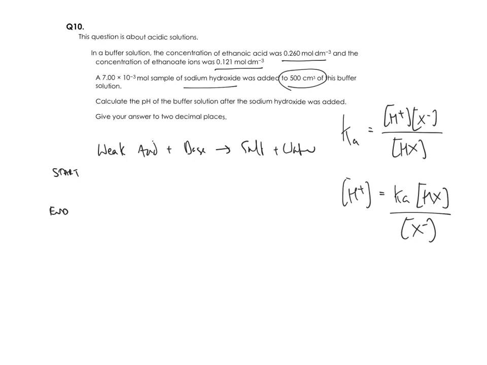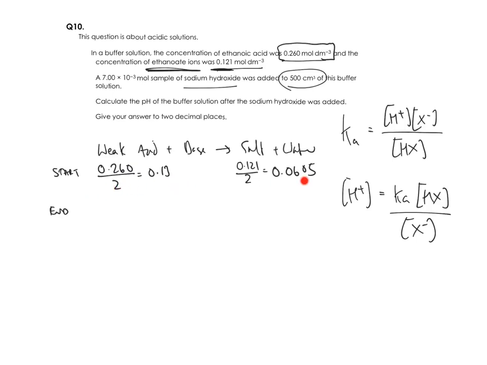So all we've got to do first is work out the ethanoic acid number of moles, which is going to be 0.260 divided by 2, which equals 0.13, and the amount of salt, which is the ethanoate ions, will be 0.121 divided by 2, which gives us 0.0605.